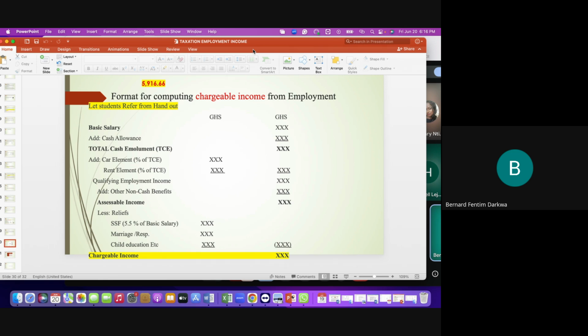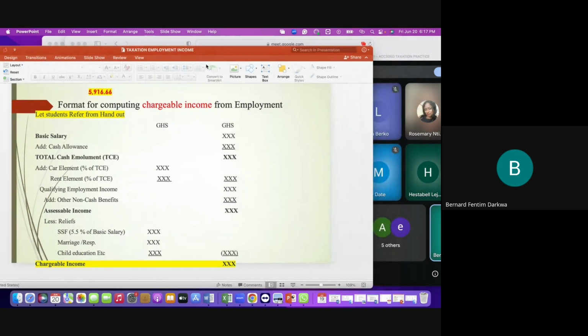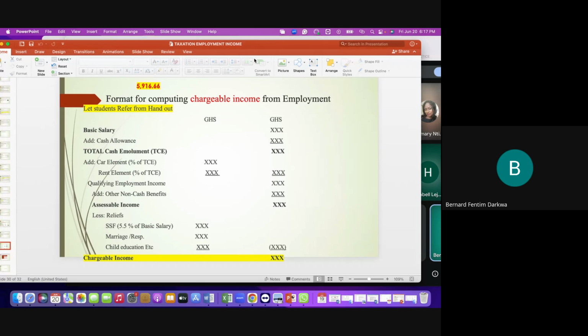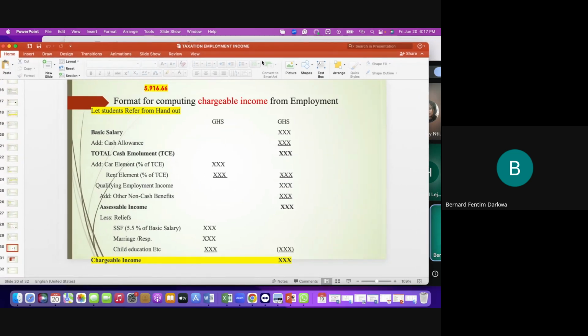A portion of the income, sometimes we don't calculate tax on it. So we first determine what we call the chargeable income. This is the format for you to get the chargeable income upon which the tax can be calculated.